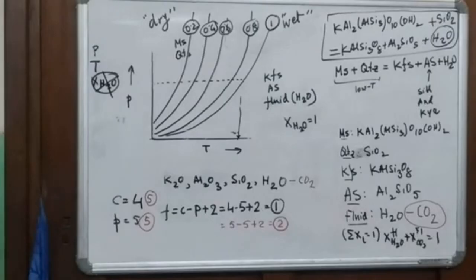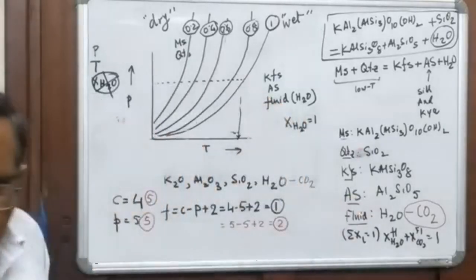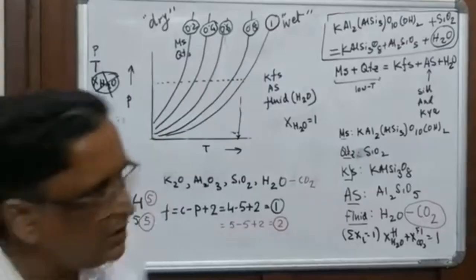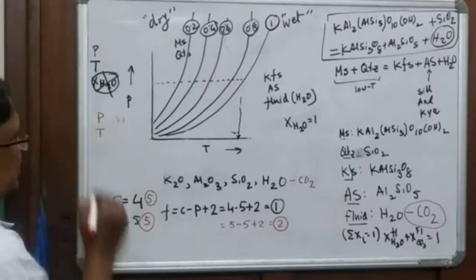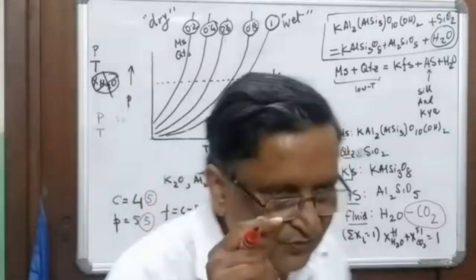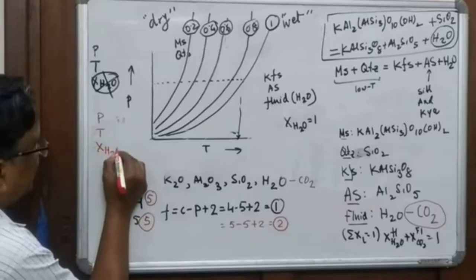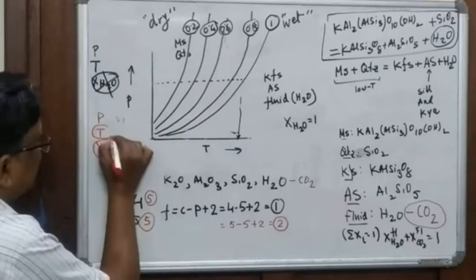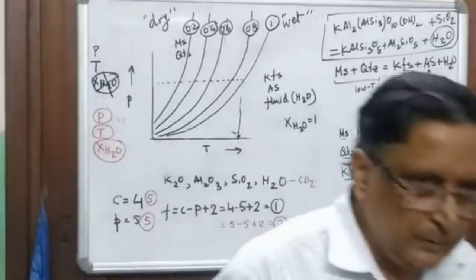For muscovite, quartz, K-feldspar, aluminosilicate, no change. They have no solid solution. They are all pure phases. So the variables now are pressure, temperature, and now XH2O is a variable. You see that? Now your XH2O is a variable.